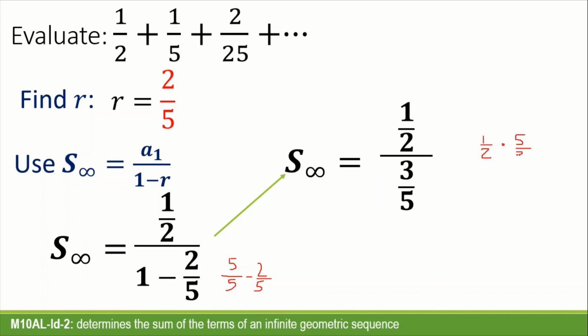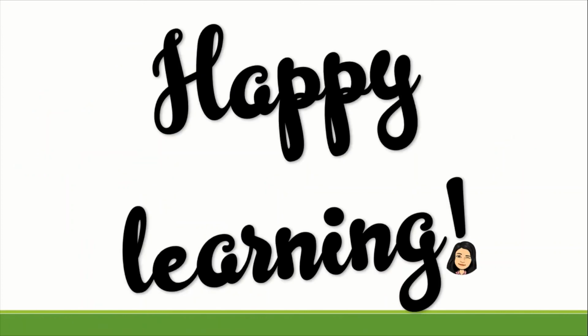When we multiply, it is numerator times numerator, denominator times denominator. Check if anything can be canceled. In this case, none. 2 and 5, 1 and 3, none. So, proceed to multiplication. We have 1 times 5 is 5. Then, 2 times 3 is 6. So, the sum to infinity is 5/6. Happy learning!